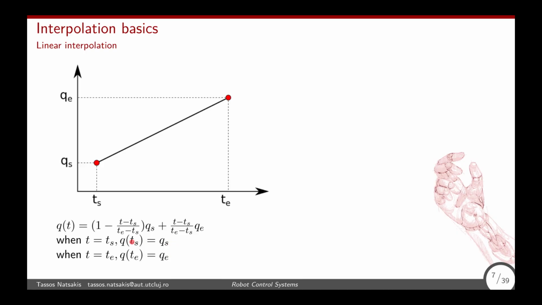When T equals T_E, I'll have T_E minus T_S up here over T_E minus T_S, so 1. It will be 1 minus 1, which is 0, times Q_S, plus 1 times Q_E, equal to Q_E.